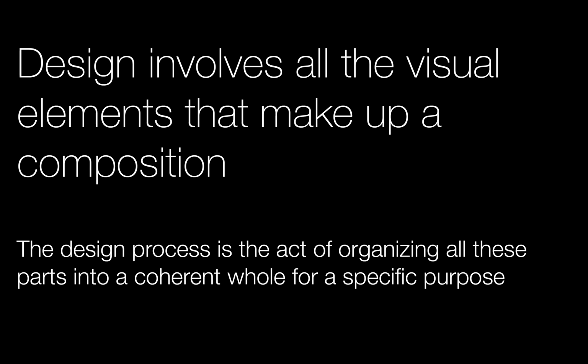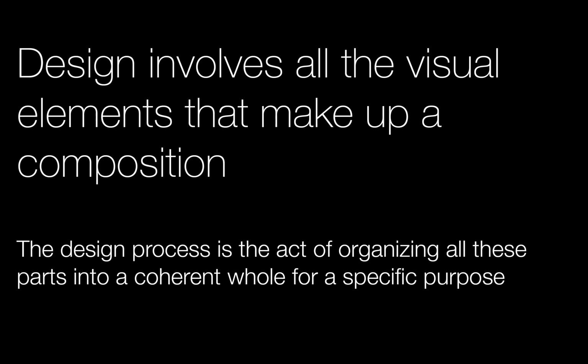Design is essentially the act of organizing visual elements to put them for a specific purpose. It's something that is finished, and the final piece is meant for something, whether it's an advertisement or some other kind of content, art.